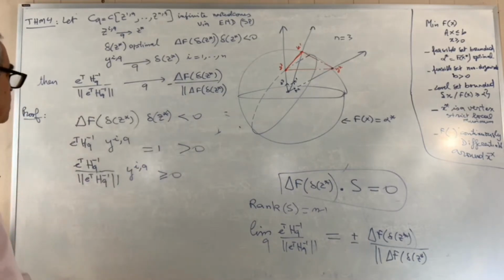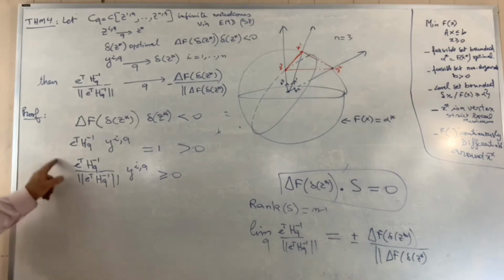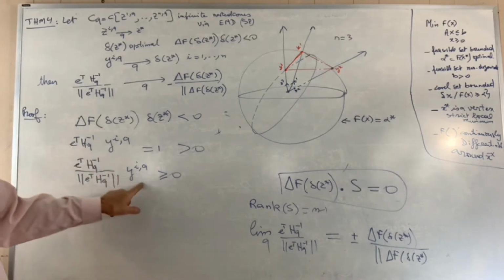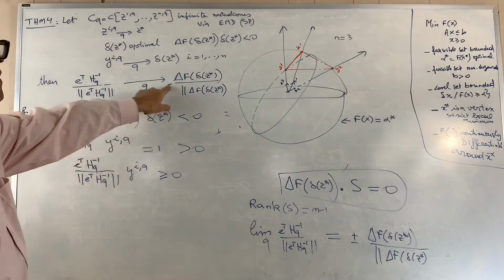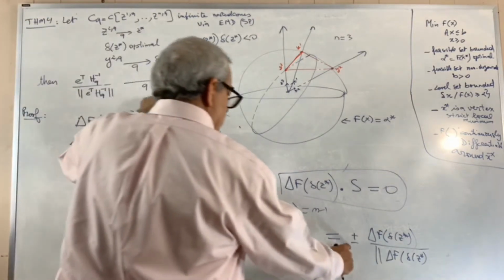Therefore, if I take the limit of this times z star, it is greater or equal to 0, and this is negative. So here the minus is the correct sign.